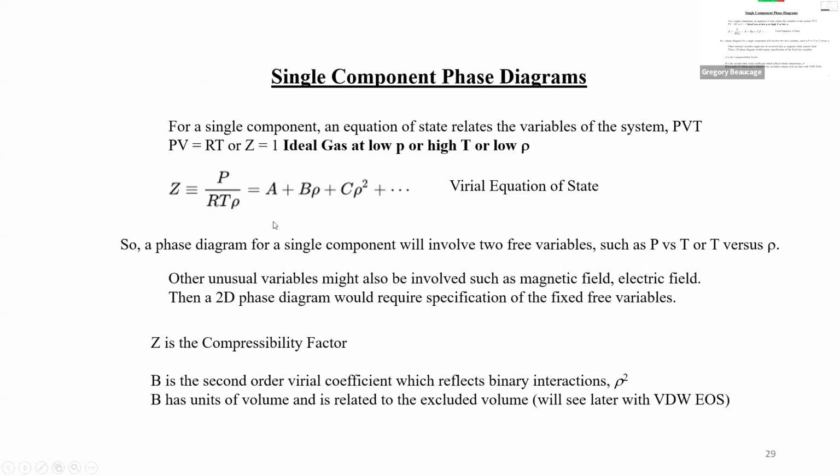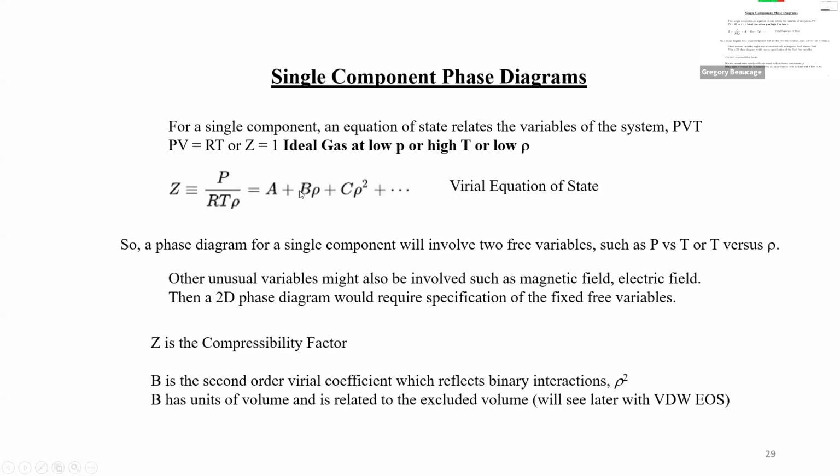Anyway, you have A, which would be the ideal, a constant, this compressibility. And you're going to add in terms in density. The first one would be binary, even though there's a rho already here, so B rho is actually rho squared. I could do Z as A rho, B rho squared, C rho cubed.